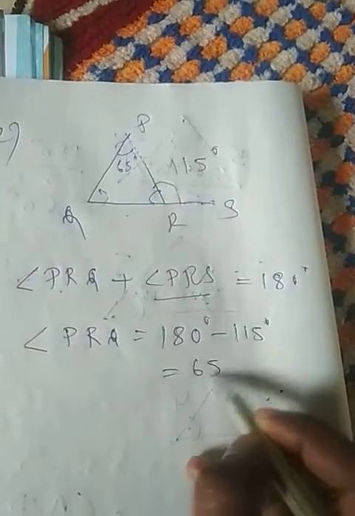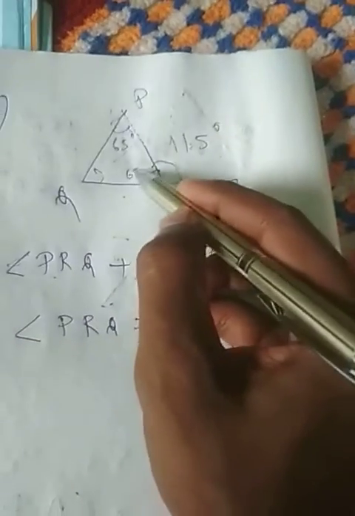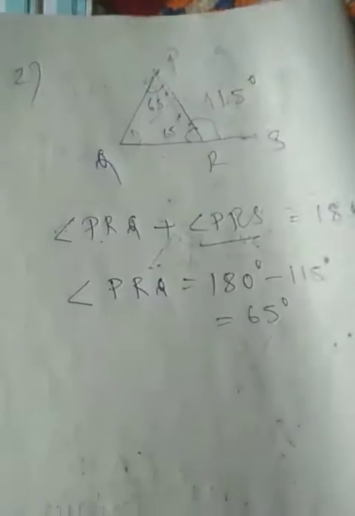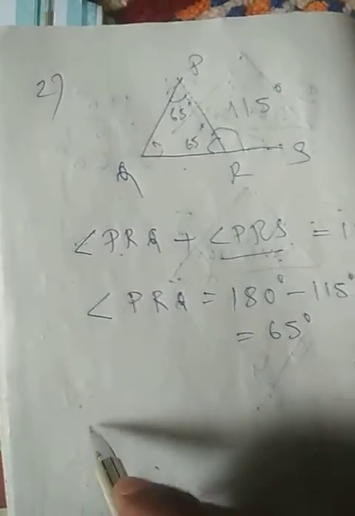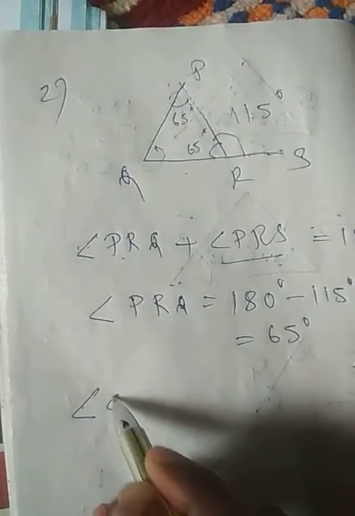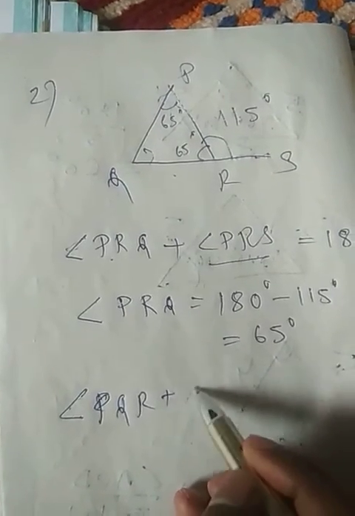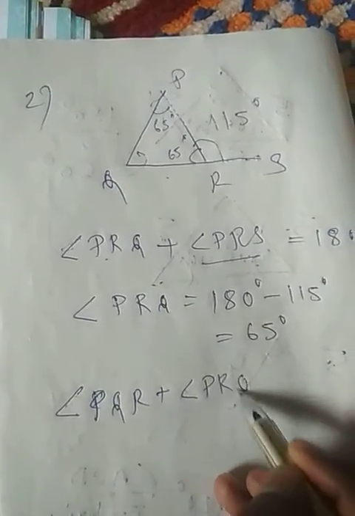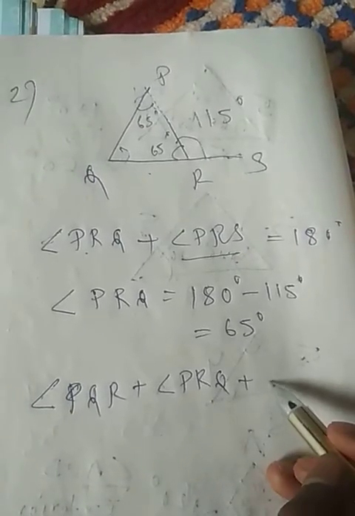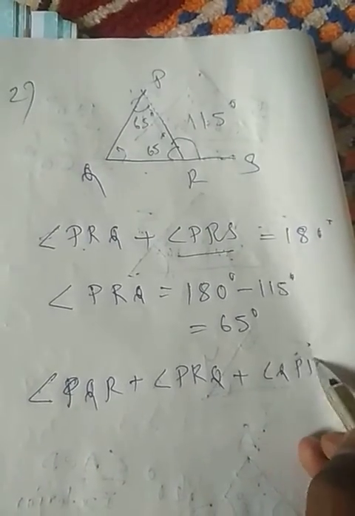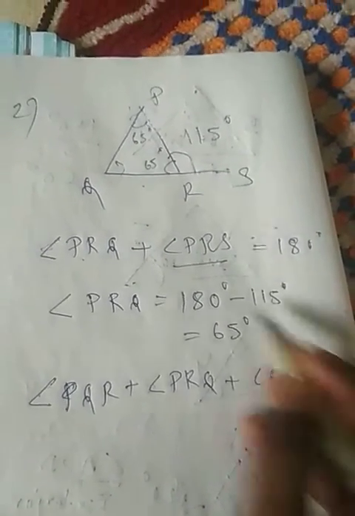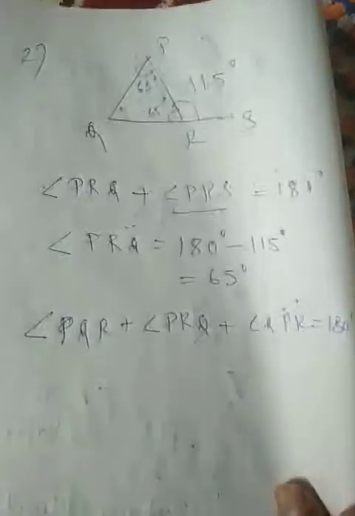That means 65 degree. I got PRQ is 65 degree. And we know that angle PQR plus angle PRQ plus angle QPR is 180 degree, because sum of three interior angles is 180 degree.